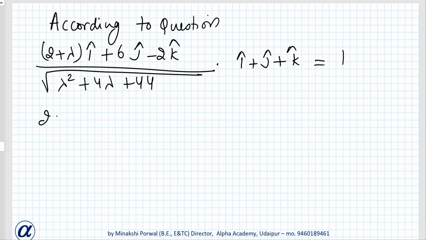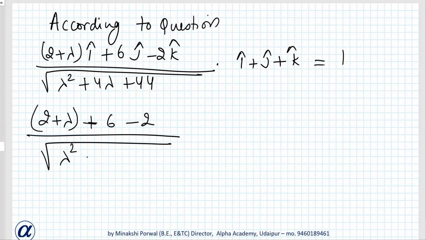So that is 2 plus lambda plus 6 into 1 minus 2, with all of this in the denominator, equal to 1. So 2 plus lambda plus 6 minus 2; the plus 2 and minus 2 cancel, leaving lambda plus 6.